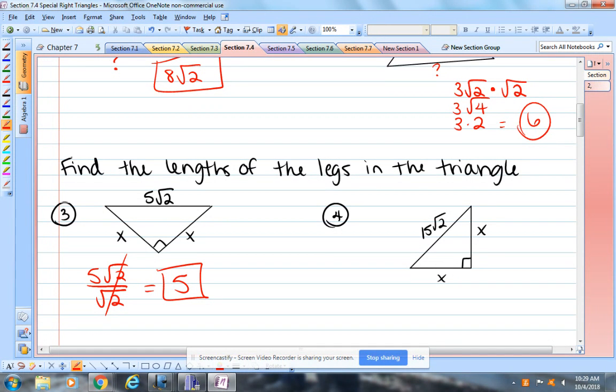What's the hypotenuse? 15 radical 2. So if I have the hypotenuse and I need a leg, what do I do? Divide by radical 2. And what's 15 radical 2 divided by radical 2 equal? 15. Any questions?